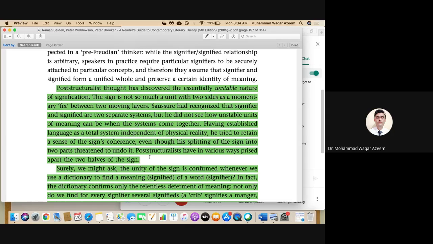So, whatever we discussed previously, we thought that according to Saussure, the signifiers do not have fixed objects which they signify.